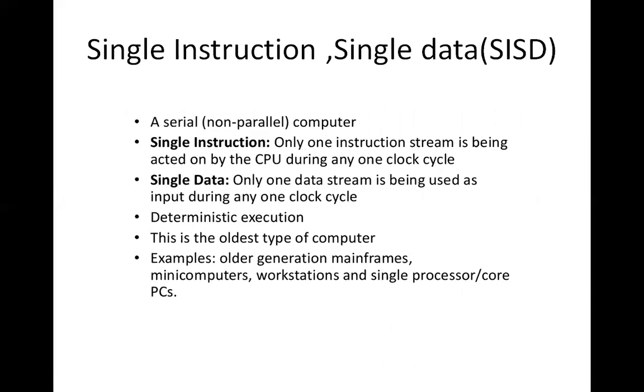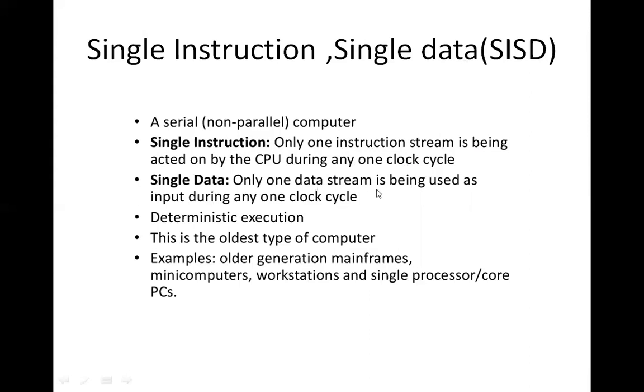So the first classification of processors is single instruction, single data stream. It is a non-parallel serial computer. Von Neumann architecture comes under this. Only one instruction stream is being acted on by the CPU during any one clock cycle.